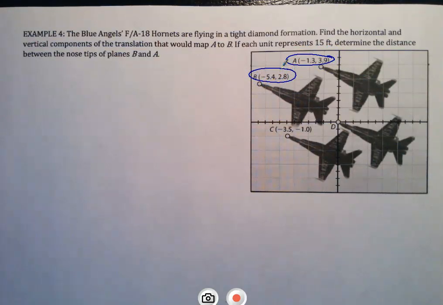All right. How am I going to find, first of all, my horizontal and vertical components? What are those? What variables would those represent? A and B. Which one's horizontal? A. Which one's vertical? B. All right. So how am I going to find my A?